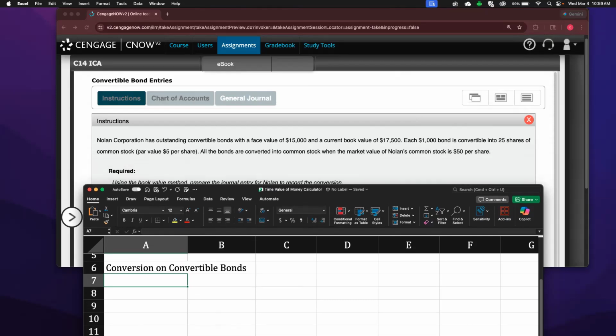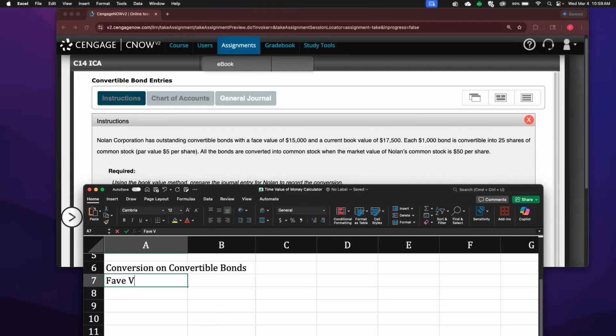And we're going to start figuring out all of our information. First, we need to figure out the book value of the bonds. Well, it tells us the current book value. Well, let's go ahead and get all of our information here anyway.